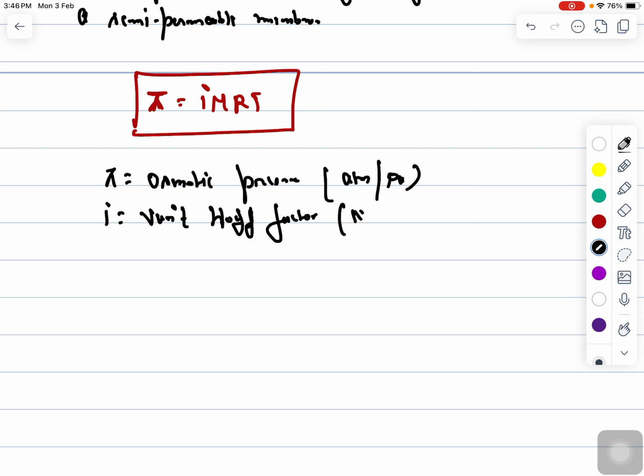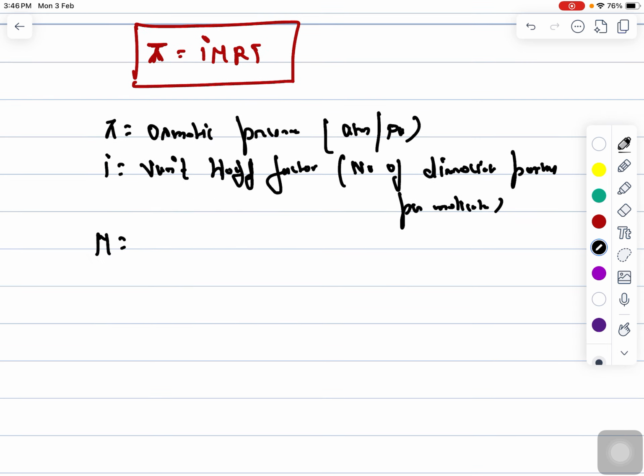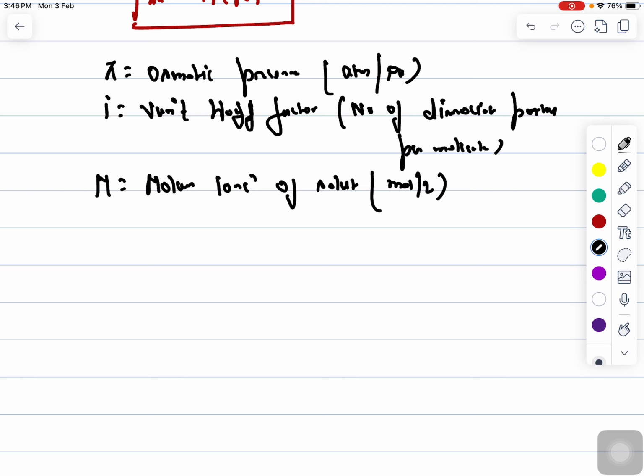So you can also write number of dissociated particles per molecules, right? And what is capital M? That is the molar concentration of solute, and that can be obviously in mole per liter, that is the molarity.